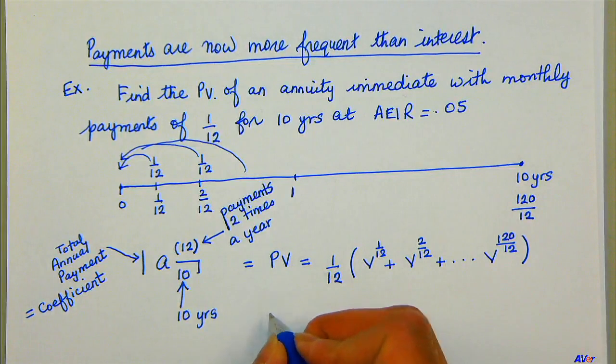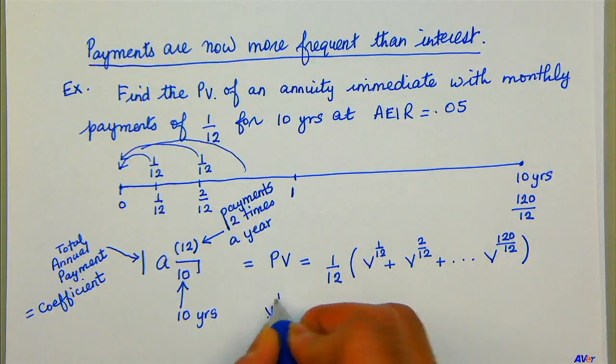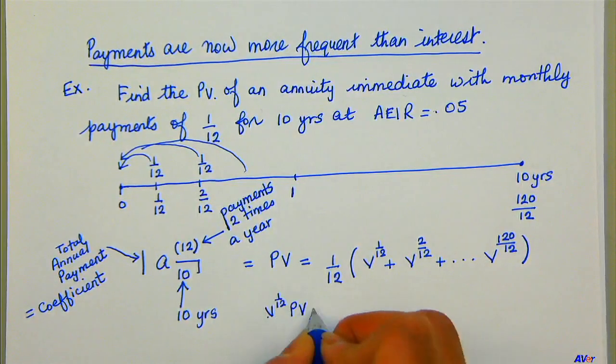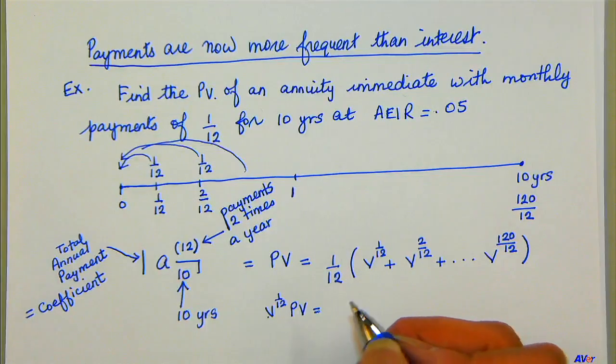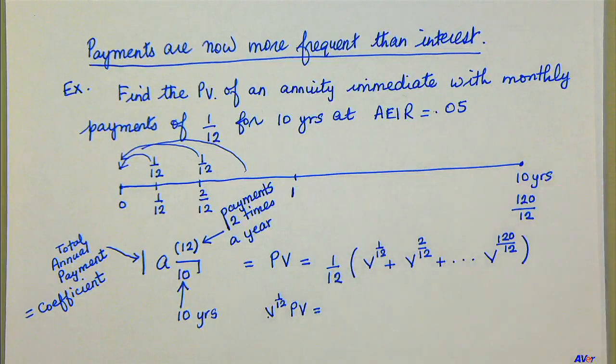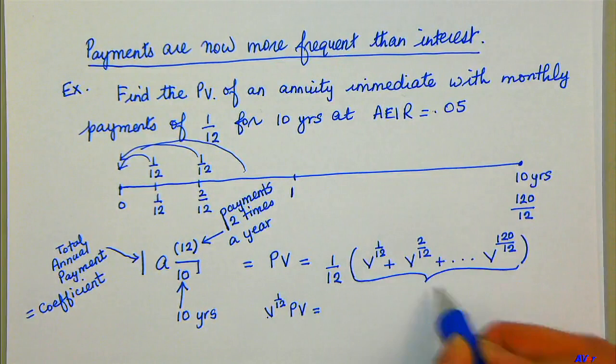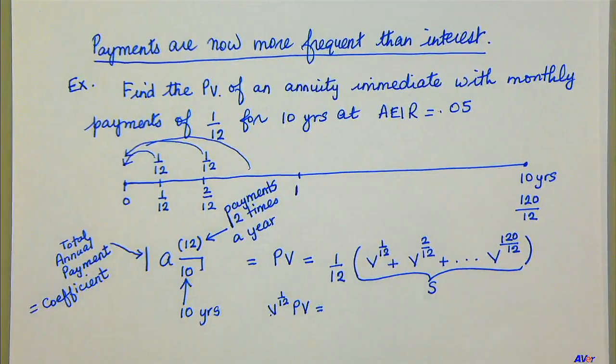So let's leave this present value. So I'll multiply 1 V to the 1/12 present value equals, and I want to ignore this for now. How should I do this? Let me call this S for sum.